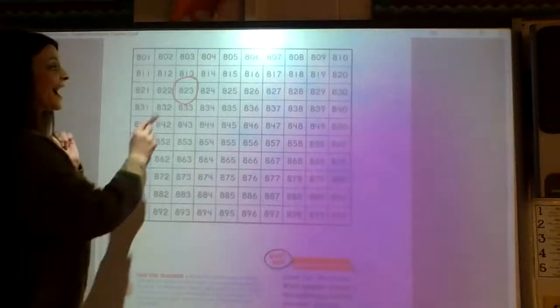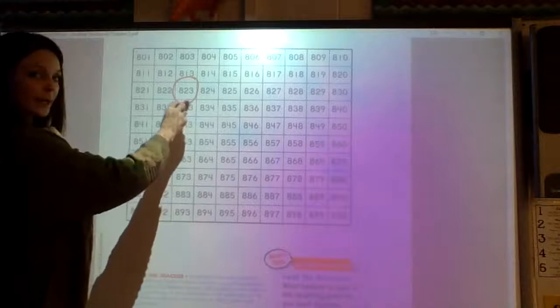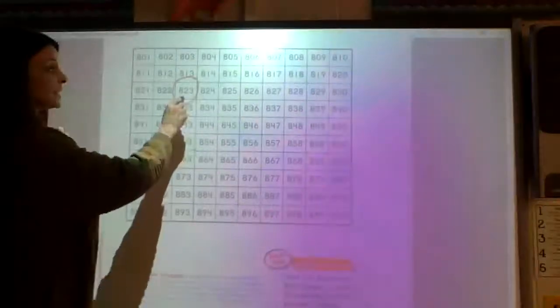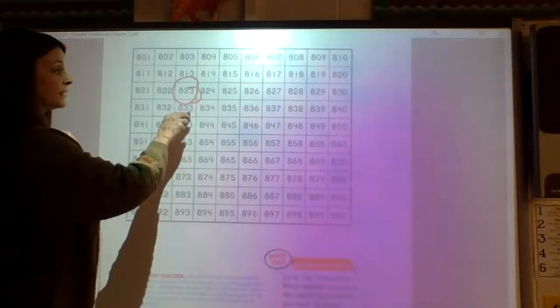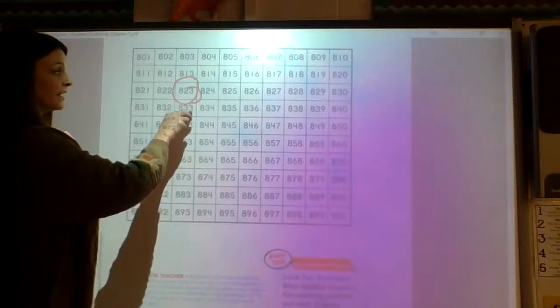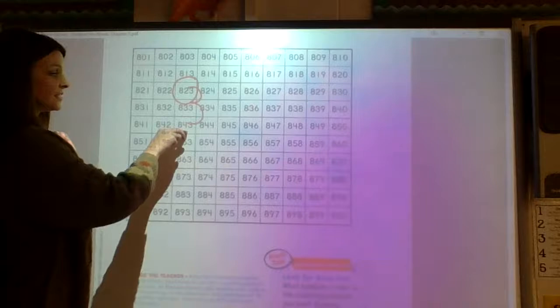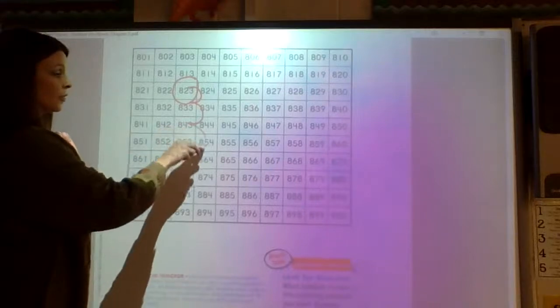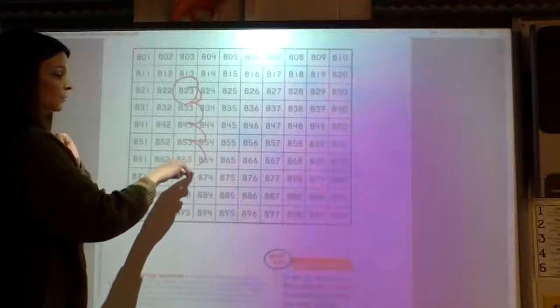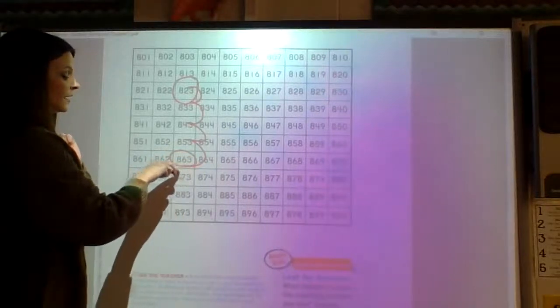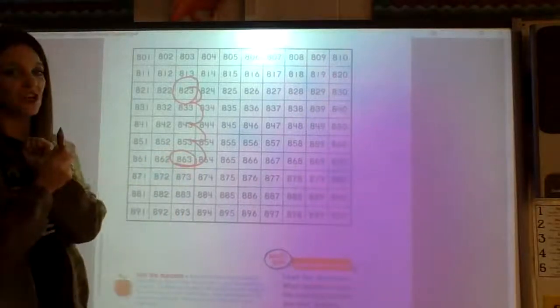Okay. So if I want to jump 10, where do I go? If you said down, you were correct. So here's a jump of 10. There's 1 package of 10, 2 packages of 10, 3 packages of 10, and winner, winner. There's our 4th package of 10.